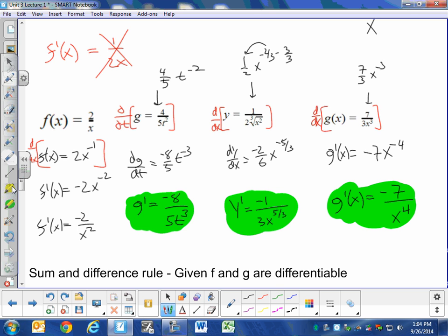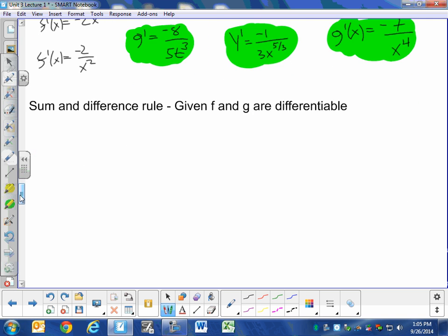Brings us to our next rule. This is such a beautiful rule, you'll take it for granted. If we have the sum and difference of functions, let's say f and g and h, and whatever functions I use are differentiable, it means you can take the derivative of it.